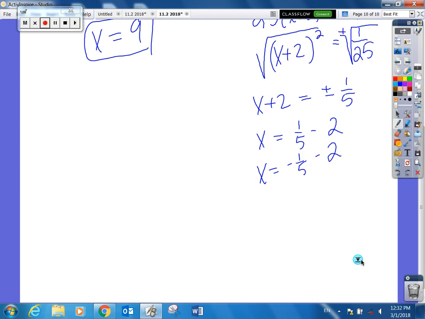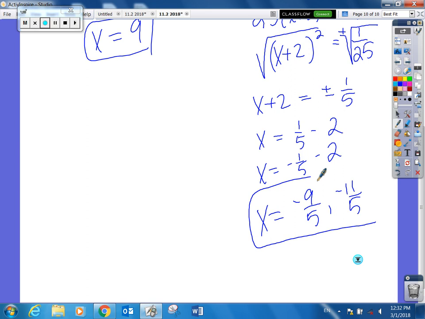But it's just numbers that we can do without a calculator. So you just need a common denominator, so 10/5. So we get negative 9/5, and negative 11/5. So we have two answers on that one. So that's when it's square root.